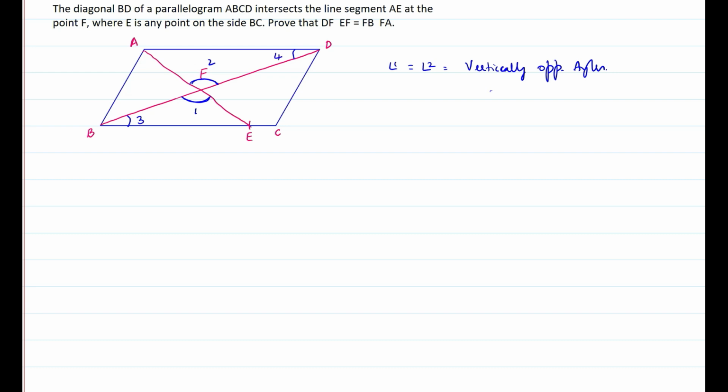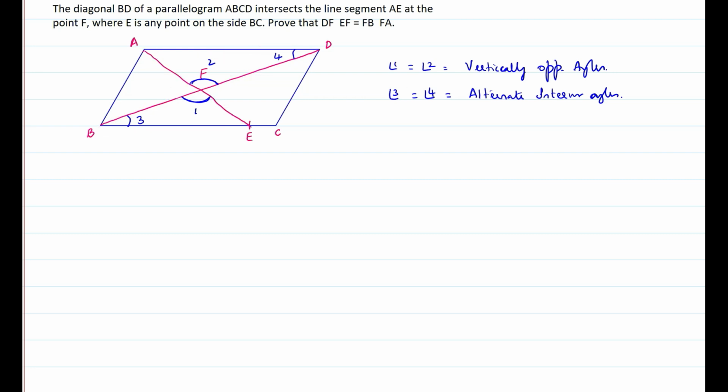They will be equal because they are alternate interior angles. That is it, the question is done, because now we have proved two triangles are similar.